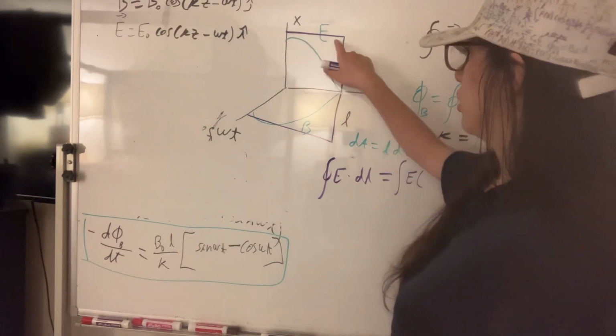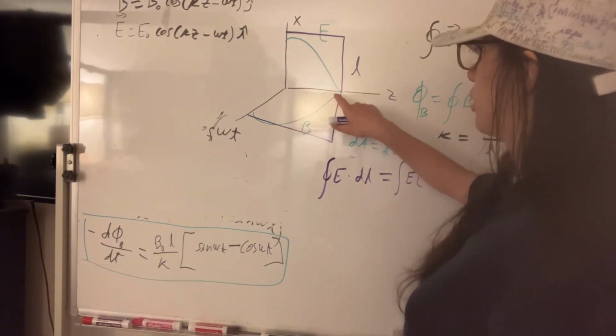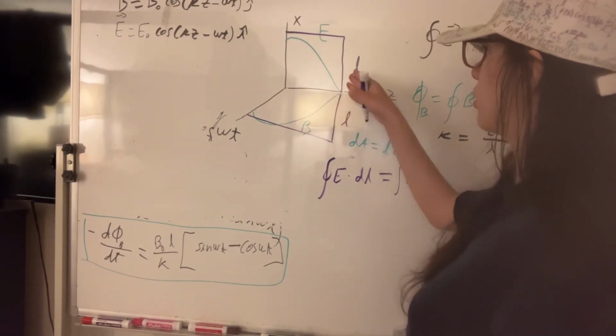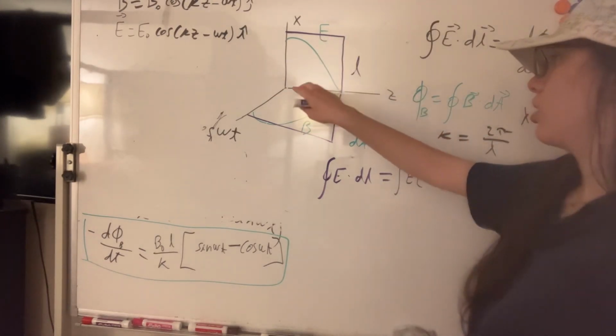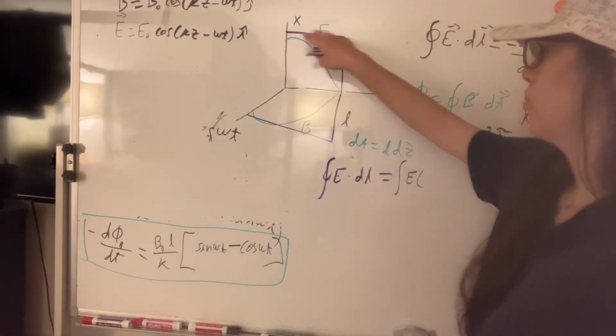In this part and this part, the electric field is perpendicular to L, and E is just 0 in this part.